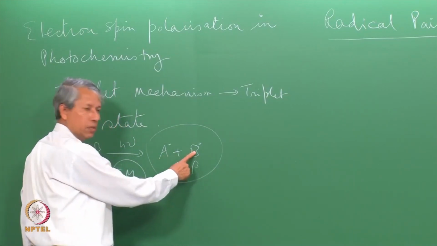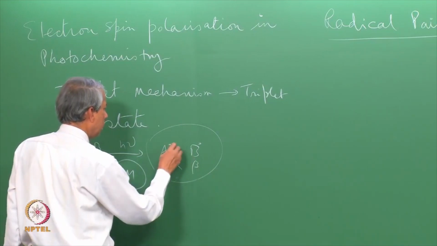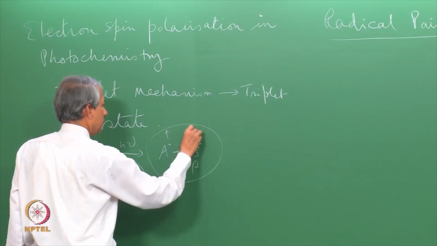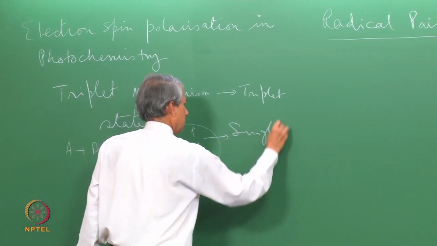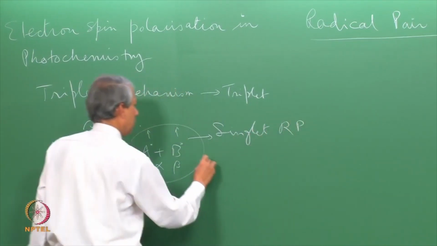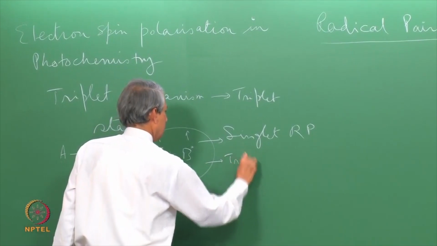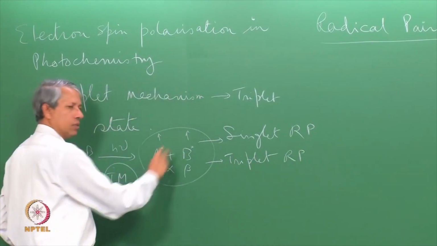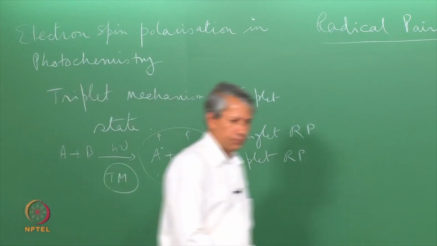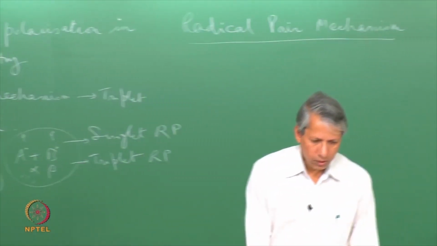This can be alpha or beta, and this can be alpha or beta. So, the overall spin state will depend on the relative orientation of this spin over this spin. So, this could be a singlet radical pair or a triplet radical pair, depending upon the relative orientation of these two spins. Okay, so that is number 3.